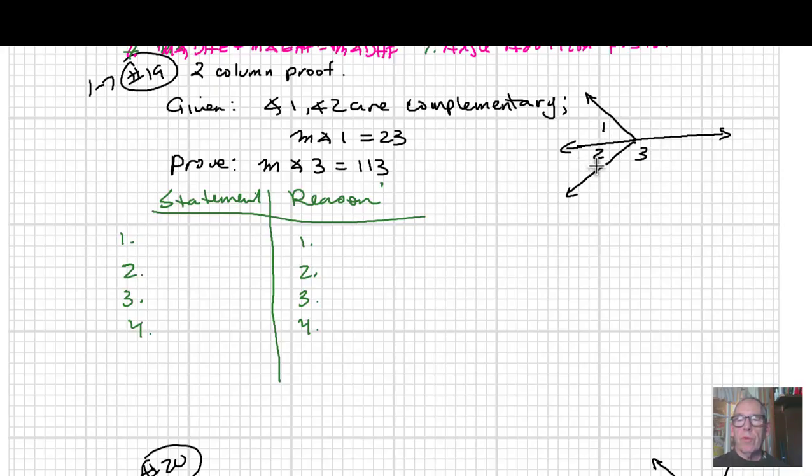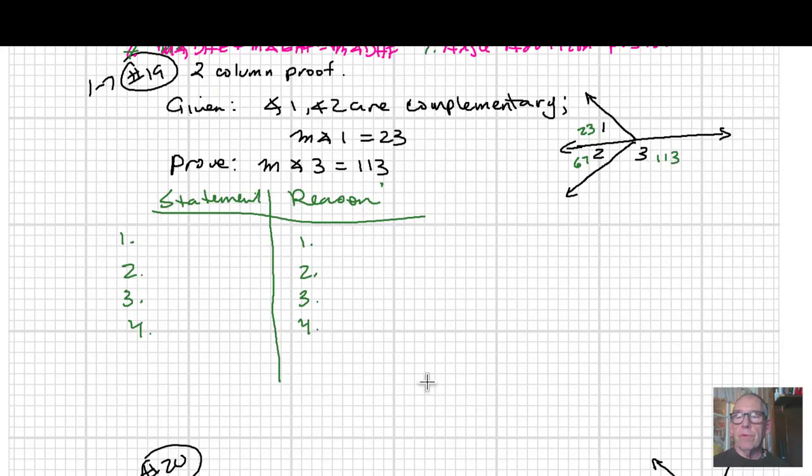If 1 is 23, then the measure of angle 2 is going to be 90 take away 23, which is 67, since they're complementary. And from the diagram, we can see that 2 and 3 together are a linear pair, which means they're supplementary, which means they add up to 180, which means that angle 3 must be 113 degrees, which is what we want to prove.